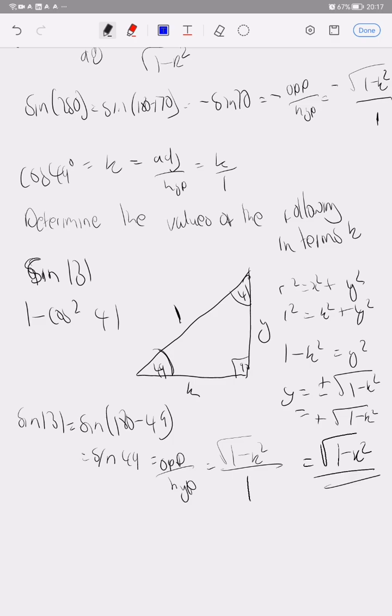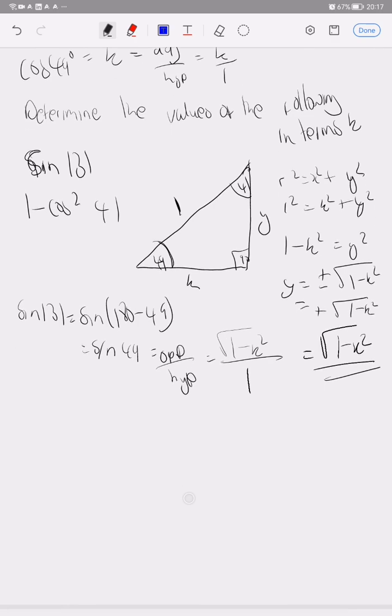All right, then what else are we looking for? The second one is just 1 minus cos squared 41. So it's 1 minus bracket, remember, there's a squared. What is cos 41?